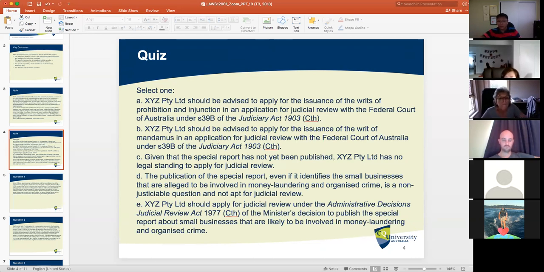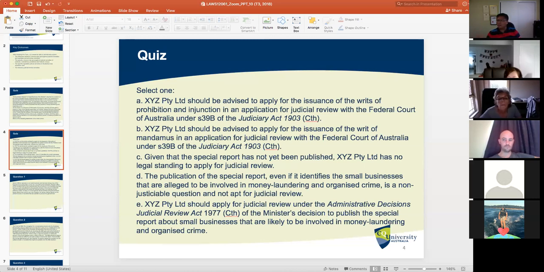So are we clear? In this particular case, there has to be a matter, an actual controversy, because can you imagine the potential damage to the reputation of this particular company? And as pointed out by Sarah Rogers, in Ainsworth, reputation is a right.